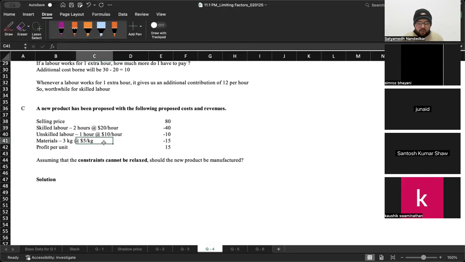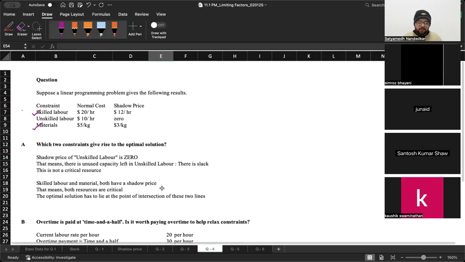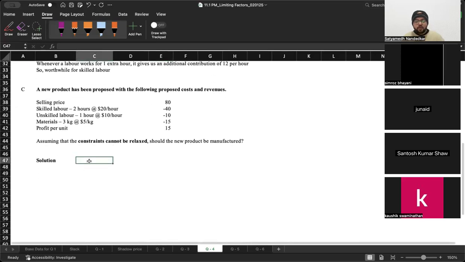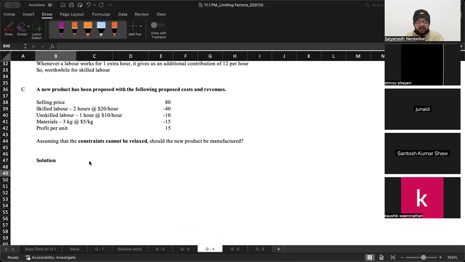A new product that you are making has been proposed with the following proposed cost and revenue. ये new product है. ठीक है. Assuming that the constraints cannot be relaxed. So if some resources are deployed in the making of the new product, वो मुझे बाहर से लाना पड़ेगा. ठीक है.